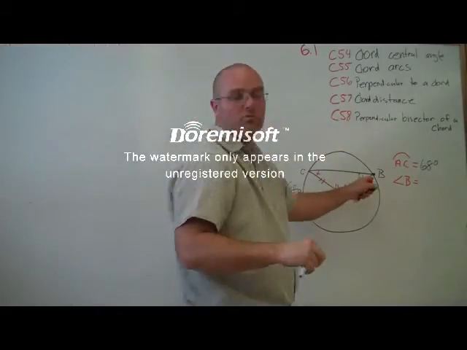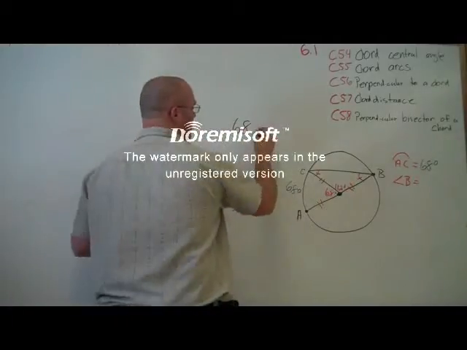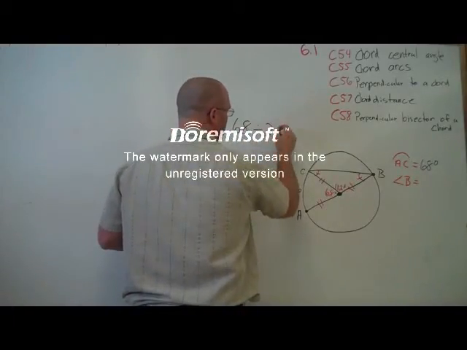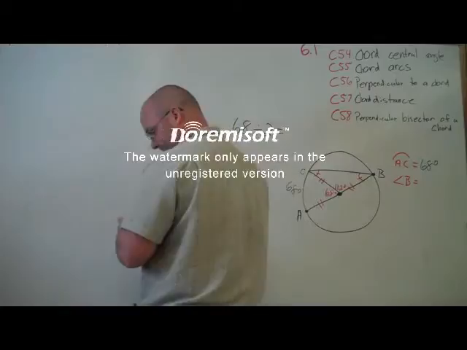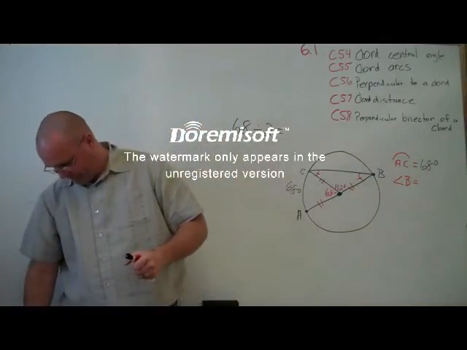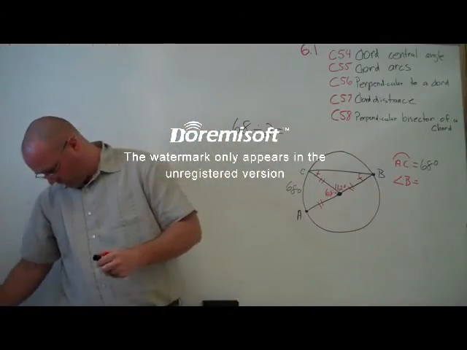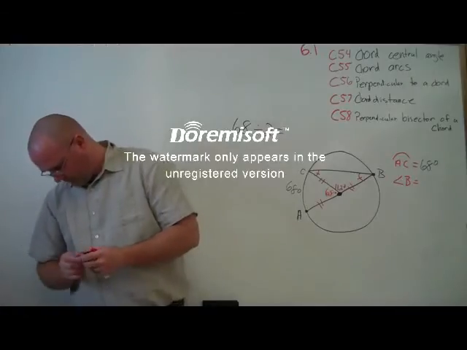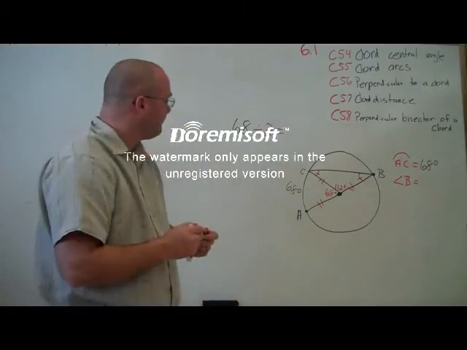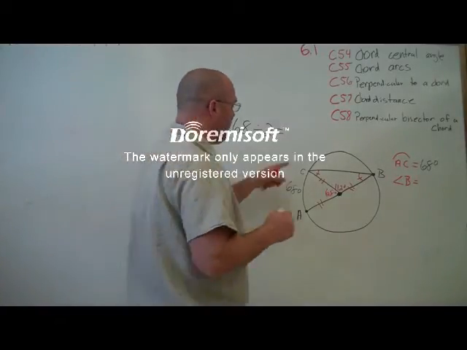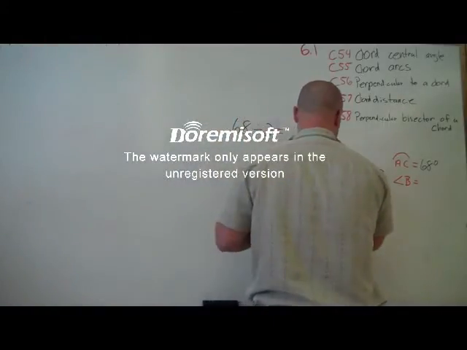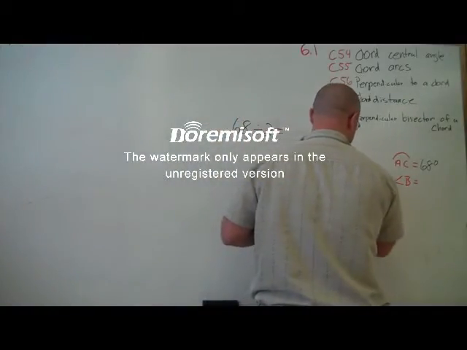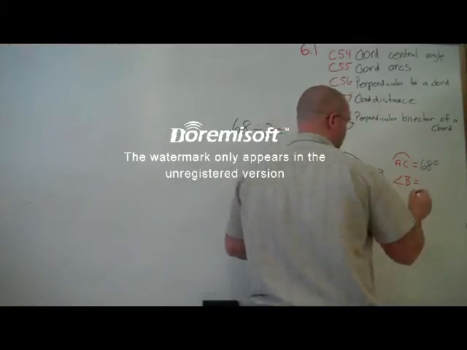So now we have two angles that have to equal 68. So we divide by 2. So now we divide those by 2, 34 degrees, 34 degrees.